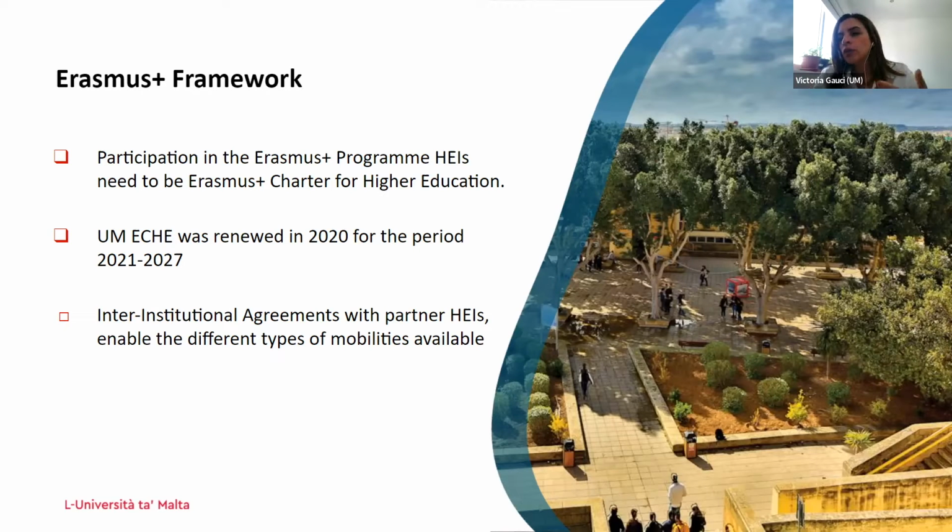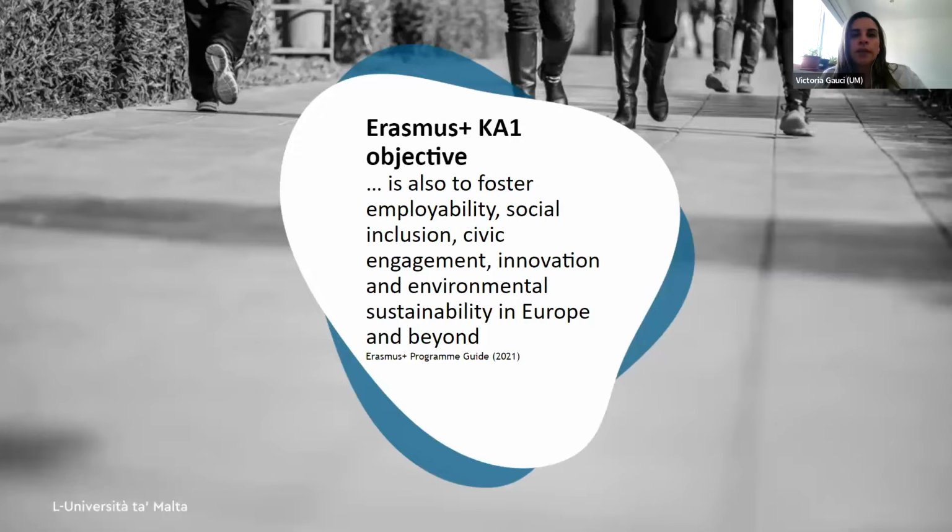Also, to do this, you need to match courses at the different institutions. So there's a level of preparation and discussions that take place beforehand to ensure the smooth running of the mobilities eventually. So basically, Key Action 1 has the individual at its core.